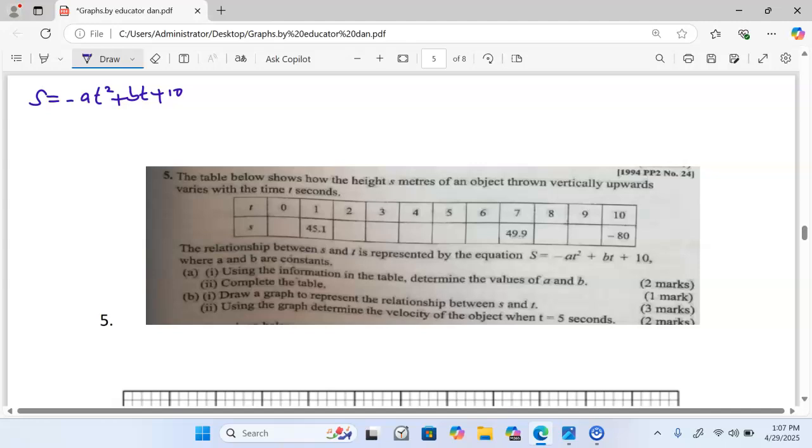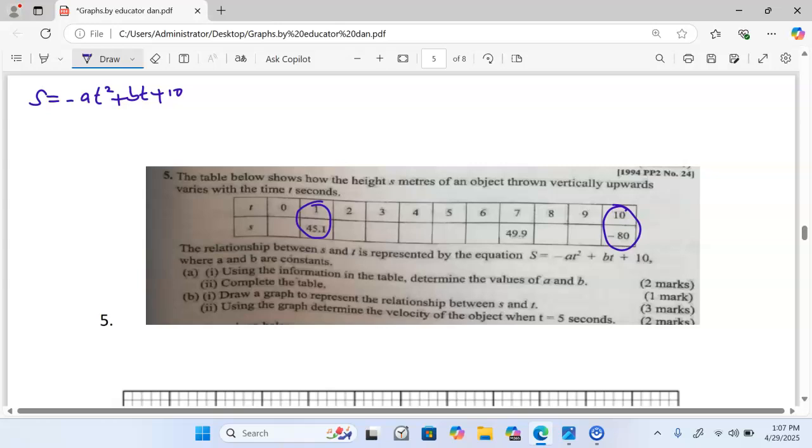So in this case, we are going to use, for example, the value of t and s at this point, and also allow me to pick these other two values so that we can get a and b.